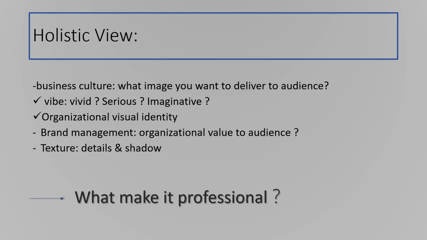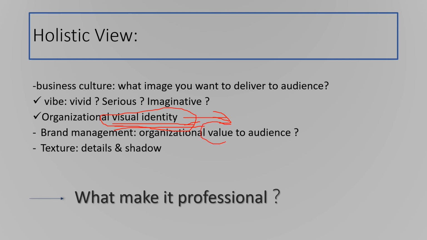Okay, and the second is visual identity. That is basically the main color we choose, the font we use, and what kind of logo, small symbols and pictures we use. They need to match the organizational visual identity. And the third one is the brand. So what kind of value?